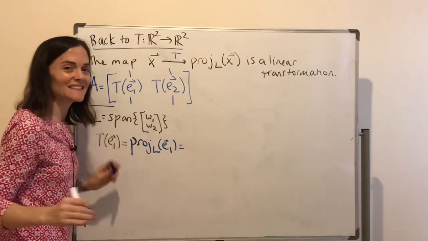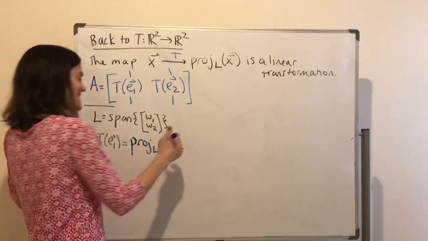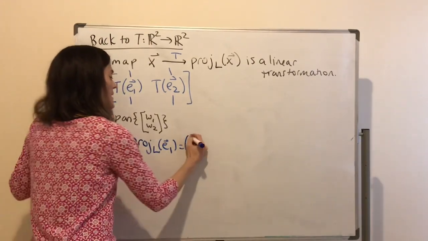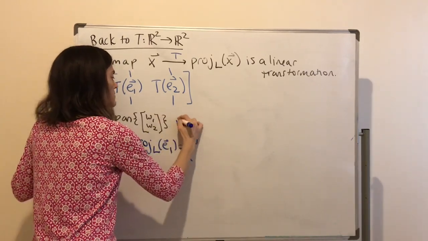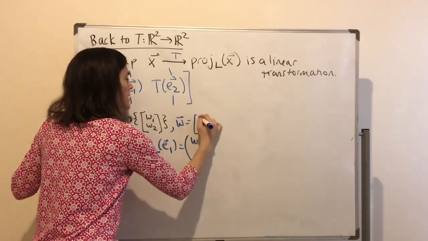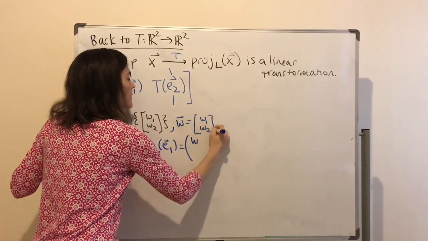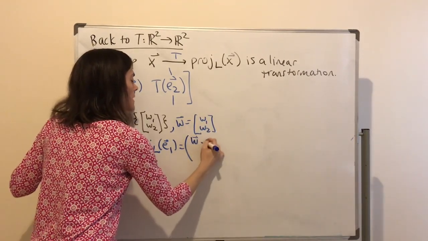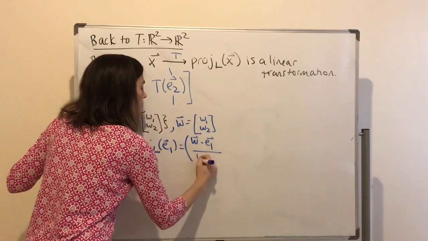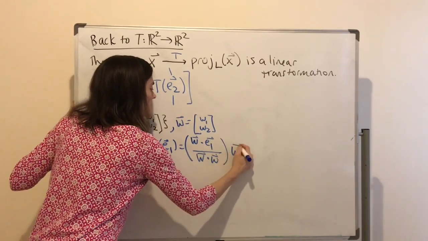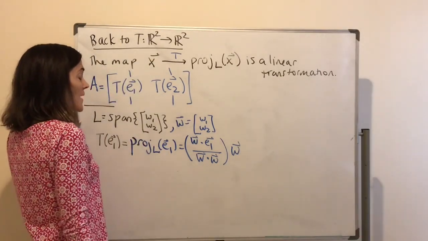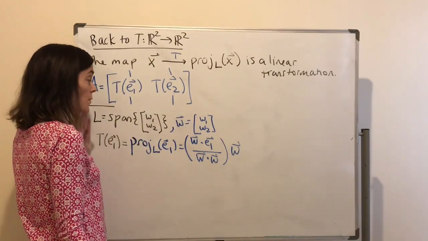If we go back to what we just discussed, maybe I'll call this W. It's W dot E1 divided by W dot W, and then times W. Well, this is not too hard to calculate.